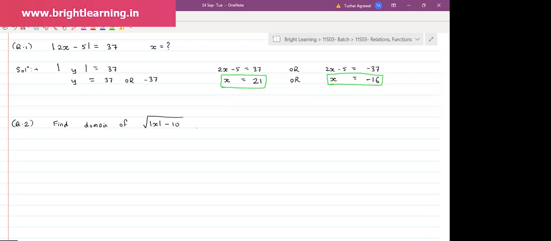Okay, see. Mod x minus 10, now the solution. In order for this function to be defined, whenever there is under root of something, let's say under root of y, we know that whatever expression is inside the under root sign should be greater than or equal to 0.